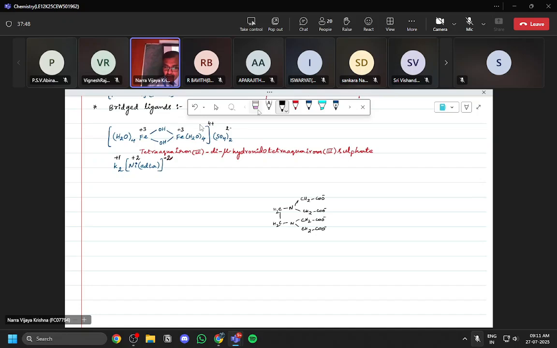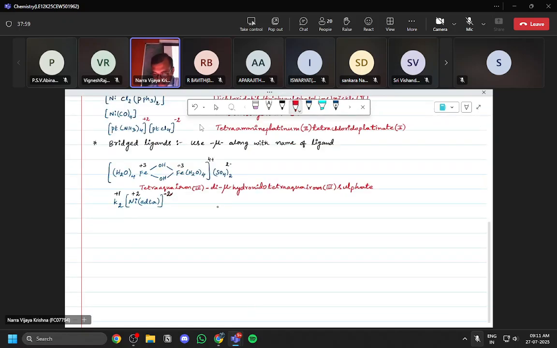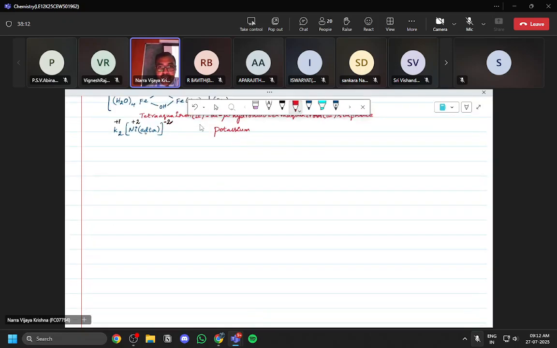Give the name of this complex now. Potassium, the cationic part. So potassium first. Now, while you are naming the complex, what do I have to do first? The ligand name. Ethylenediaminetetraacetato. Correct?